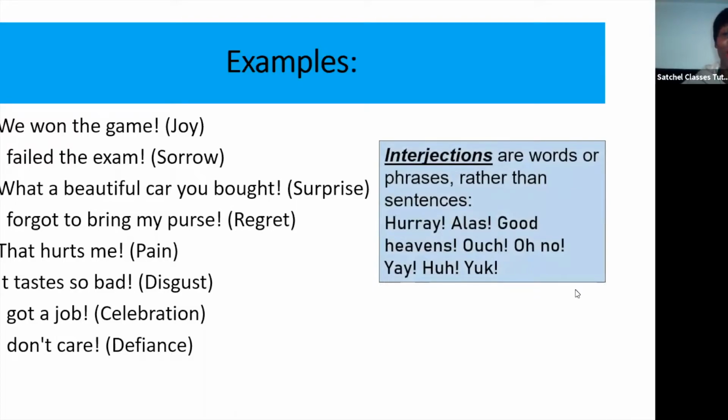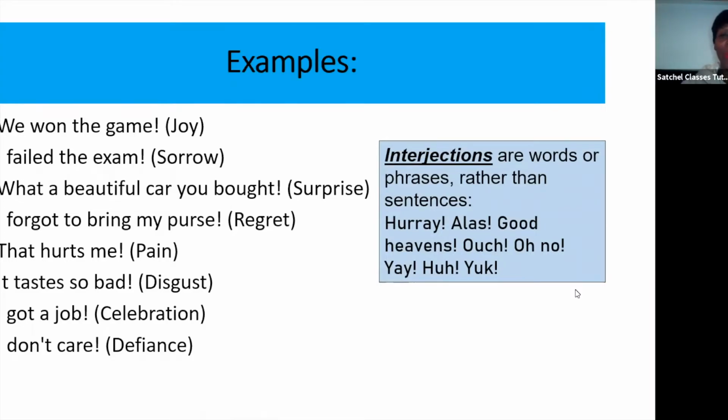Now we have other sentences or phrases really that also end with exclamation marks, and they express strong emotions. But because they are only words or phrases and not full sentences, they don't often have a verb, they don't have a sentence. These are called interjections.